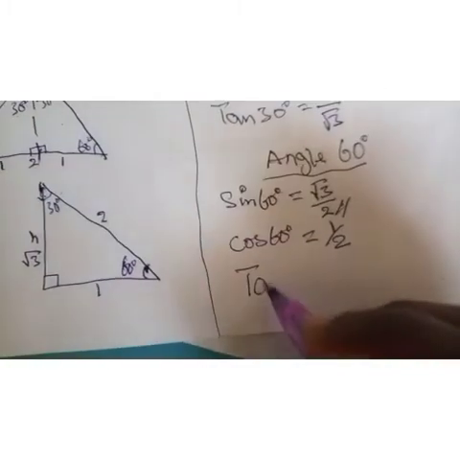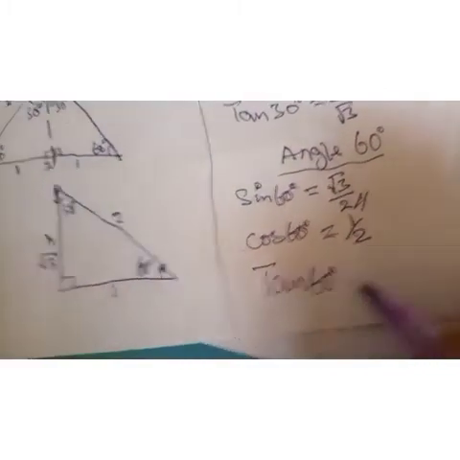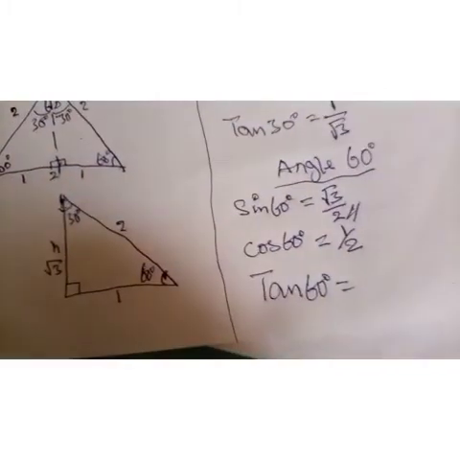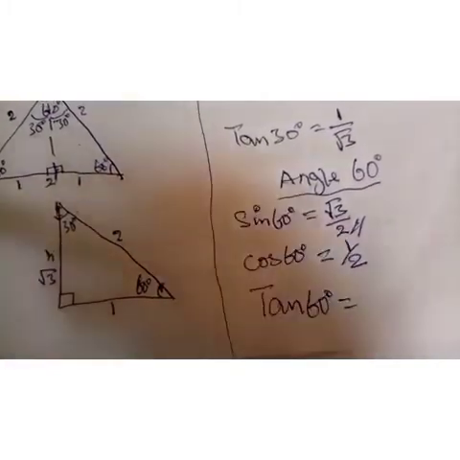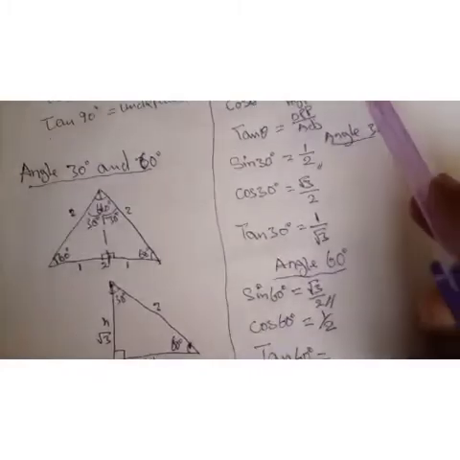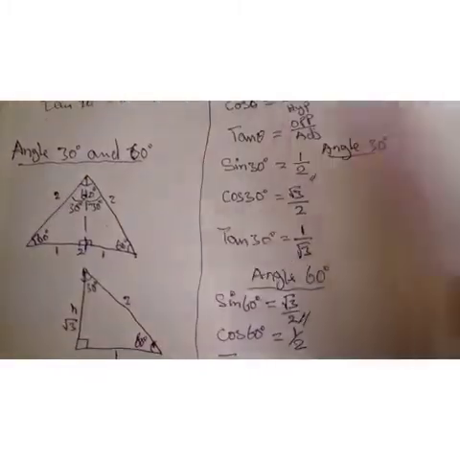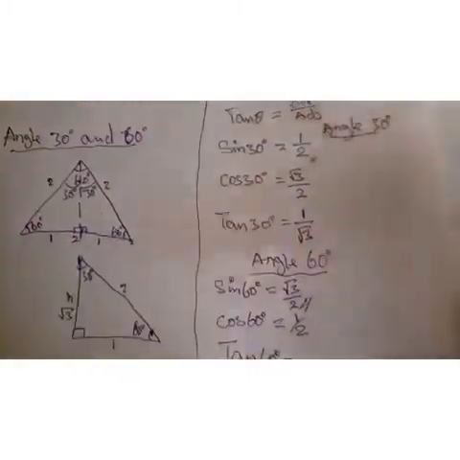And we look at tan 60 degree. Our tan 60 degree here, it says SOHCAHTOA, TOA, which is opposite over adjacent.